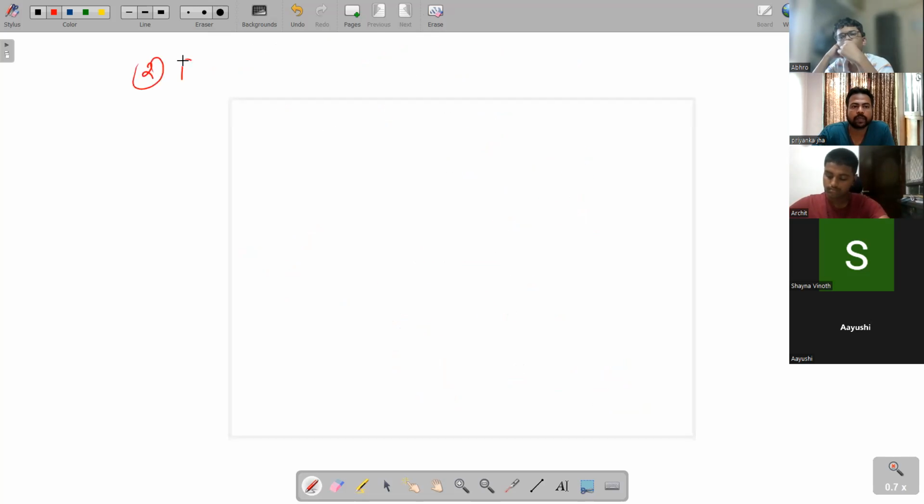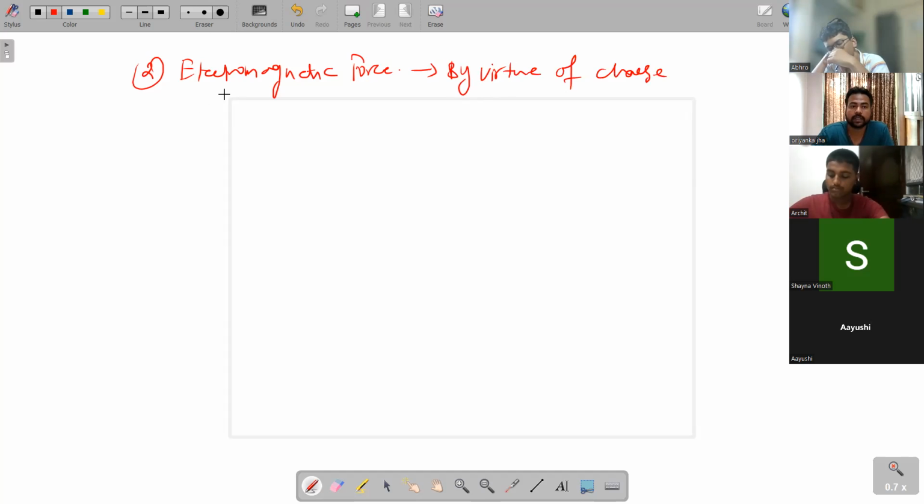Second type of force is electromagnetic force. We'll study about this in detail in class 12. See, as gravitational force is by virtue of mass, electromagnetic force is by virtue of charge. As the name suggests, it is a composition of two things, because of electric field and magnetic field.